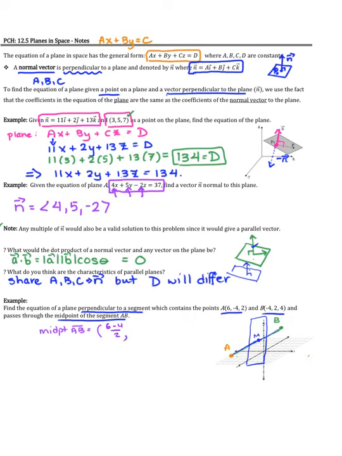I've got -4 plus 2 divided by 2. You add and then divide by 2. And then we have 2 plus 4 divided by 2. That gives me a midpoint of 1, negative 1, 3, right? 2 divided by 2, negative 2 divided by 2, 6 divided by 2. There we go. So that's going to be my midpoint.